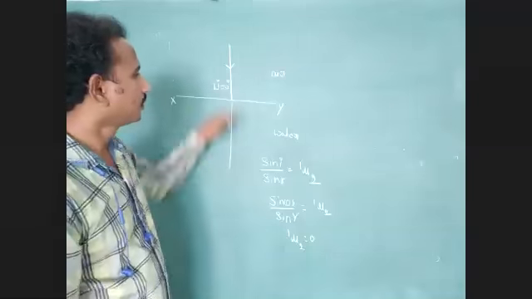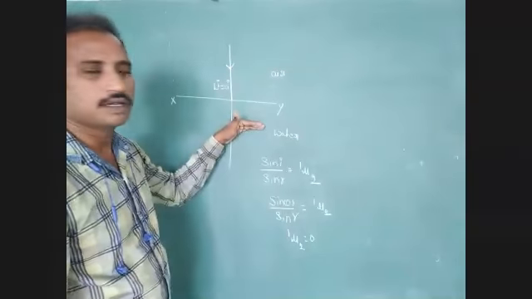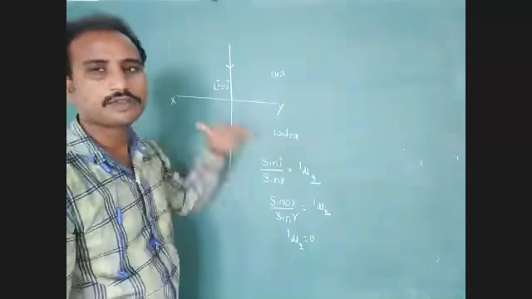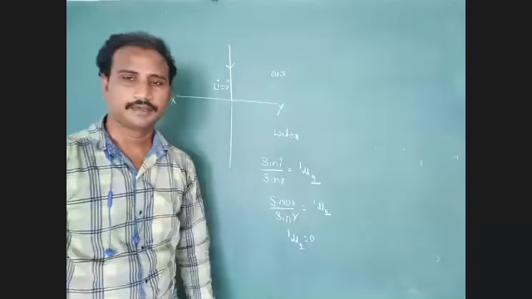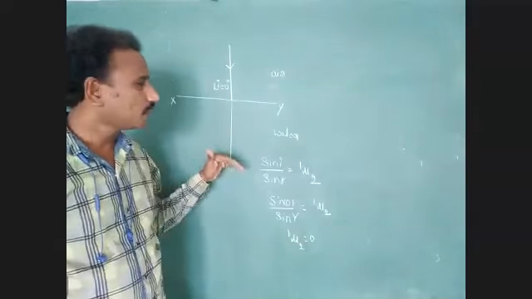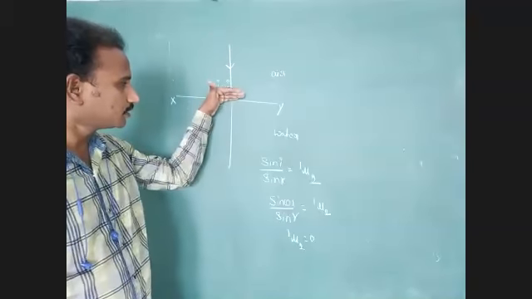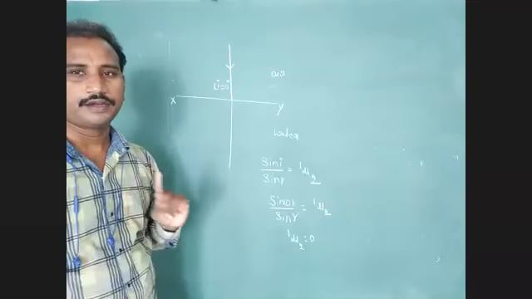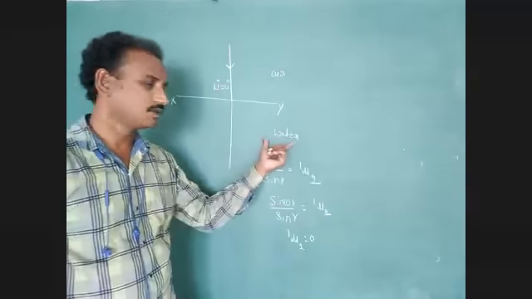Means here we consider the water medium. That water medium cannot affect the actual path of the incident ray, because the direction of the incident ray is in a straight line path. Okay, are you identifying this point? We consider this water medium.